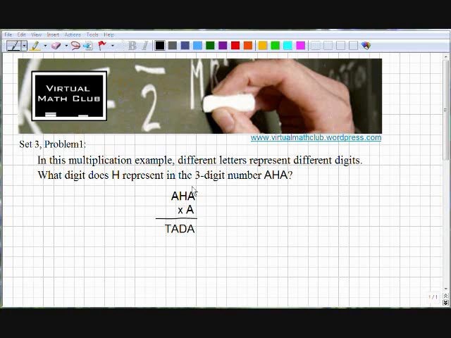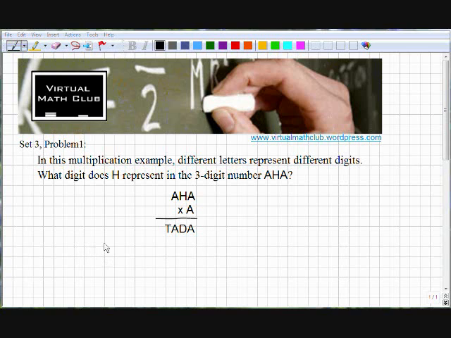So you can narrow down the possibilities for A by looking at all the digits that, when you multiply them by themselves, you get something ending in that same number.